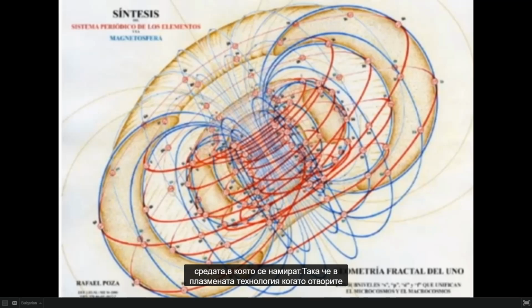So in plasma technology, when you look into the structure of the plasma, like the Gans of copper oxide or the Gans of CO2, you don't see a number of protons, neutrons, or electrons. So where does the knowledge go?